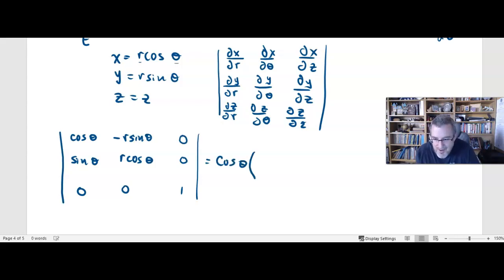We can take cosine theta times its minor determinant, and its minor determinant is going to be this cross product: r cosine theta times 1 minus 0. And then we grab this next one. It would be a minus r sine theta times its minor determinant. If we take out the column and the row, we're left with sine theta times 1 minus 0.